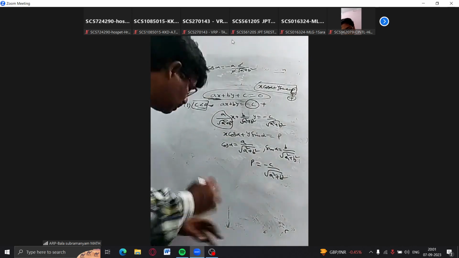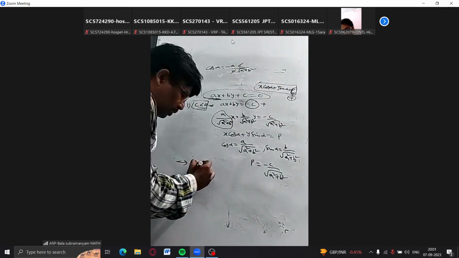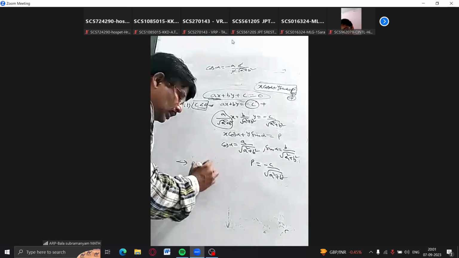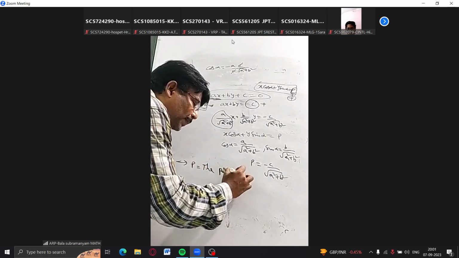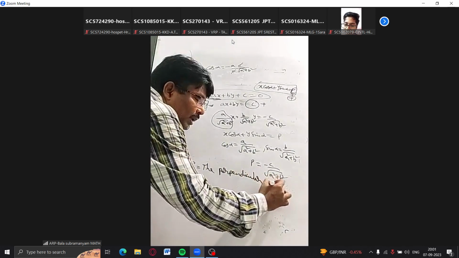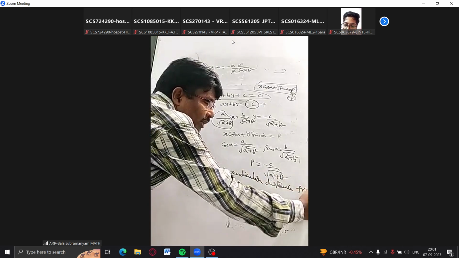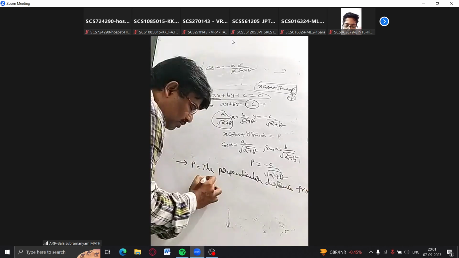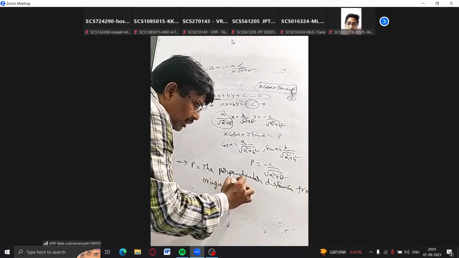From this we conclude that P is the perpendicular distance from the origin to the line.